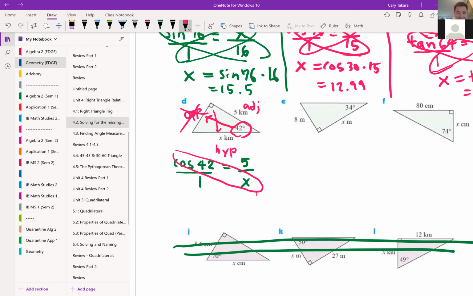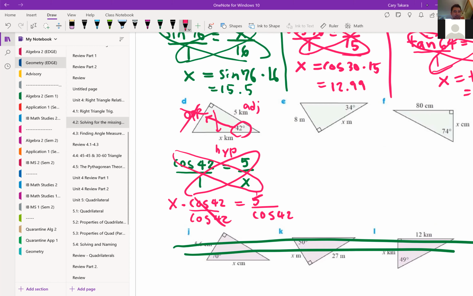So x times cosine of 42 equals 1 times 5, which is just 5. Since we want to solve for x, I'm going to divide both sides by cosine of 42, and that cancels out. So the answer is 5 divided by cosine of 42.